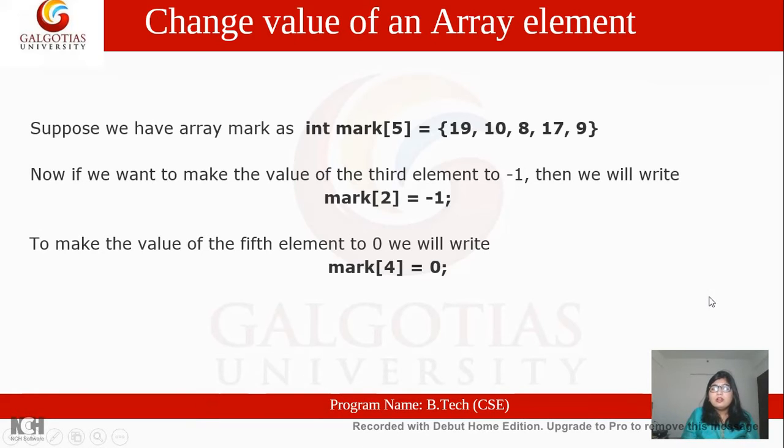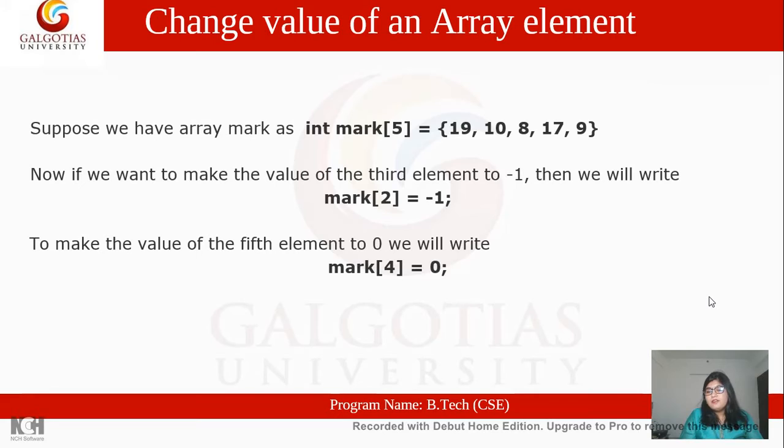Now suppose our logic says we wish to make a change in the value of the third element. Please mind, when I say third element, that means the index value will be 2, because for first it is 0, for second it is 1, and for third it will be 2.